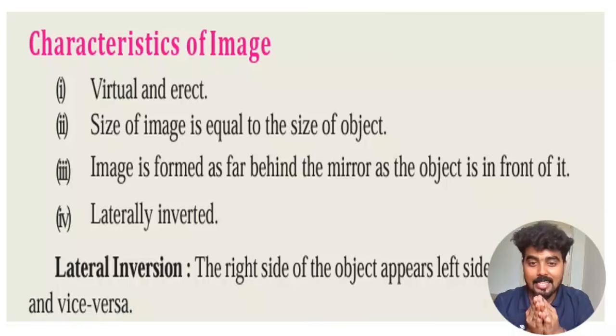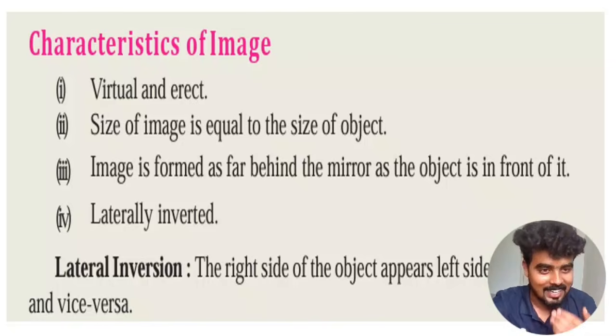Third, as we just discussed, the image distance is equal to the object distance. Fourth, the image is laterally inverted. This means your right side appears as the left side in the mirror, and your left side appears as the right side.